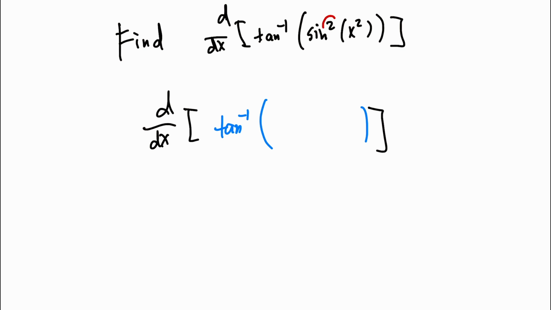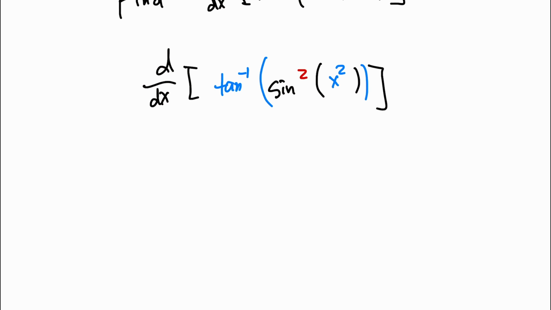However, notice that there is a square over here, and we need a specific chain rule for that. So that's squared. We have the sine of this thing, and the last function inside will just be x squared. That's a pretty complicated function.